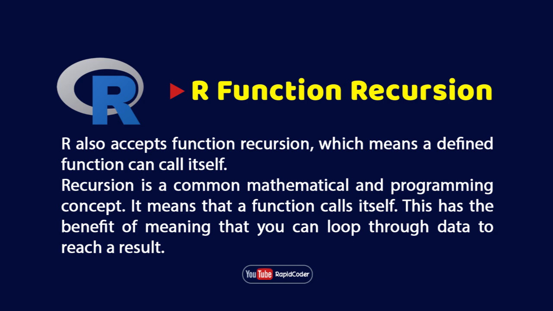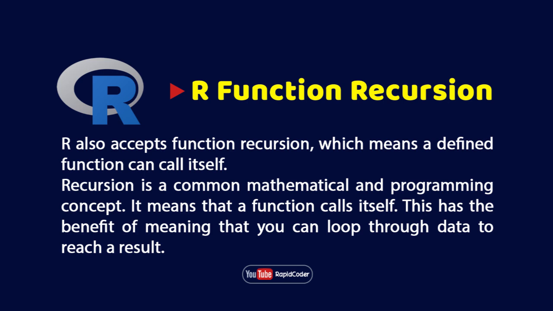Function recursions. R also accepts function recursions, which means a defined function can call itself. For example, my new function can call itself. Recursion is a common mathematical and programming concept. It means that a function can call itself.